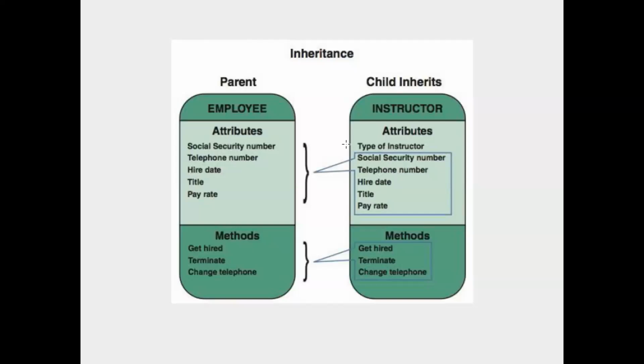Similarly, we have methods as well. All the methods available in the parent are available under the child, right? So we call it child inherits all the methods.